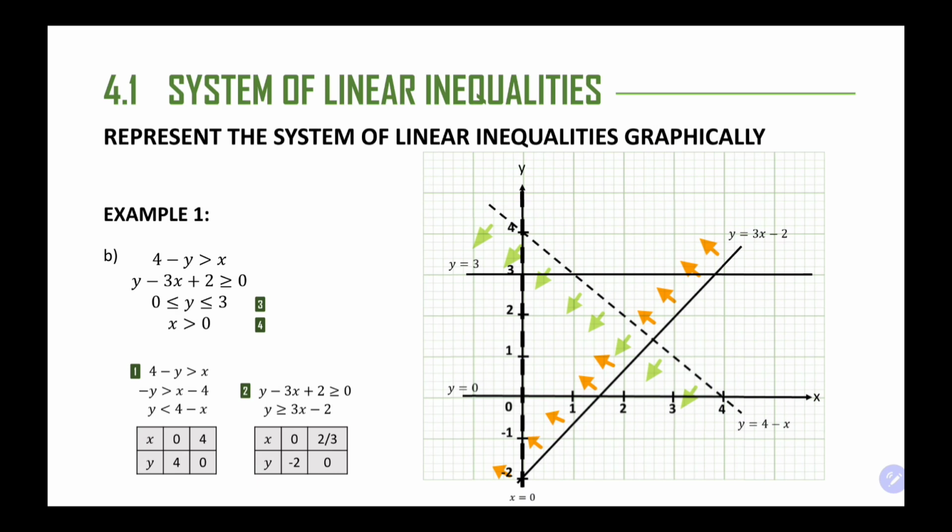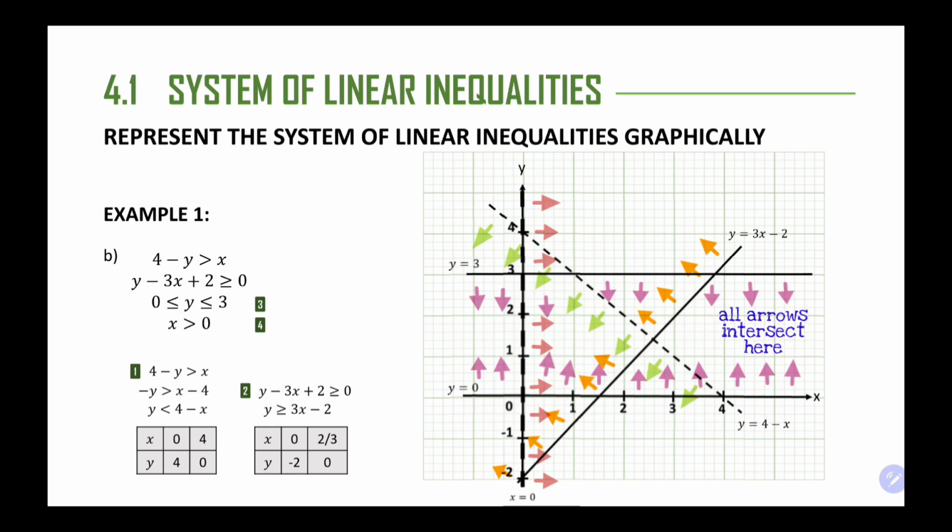And we have between 0 until 3. And last, we have x greater than 0. So we can see here our feasible region is here.